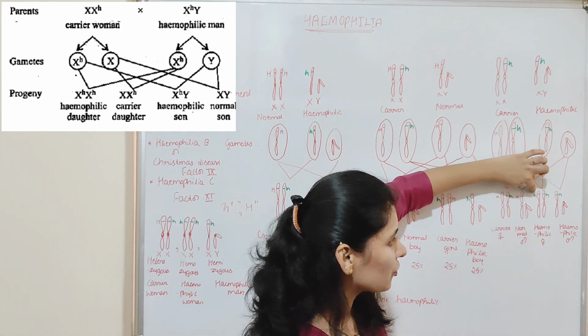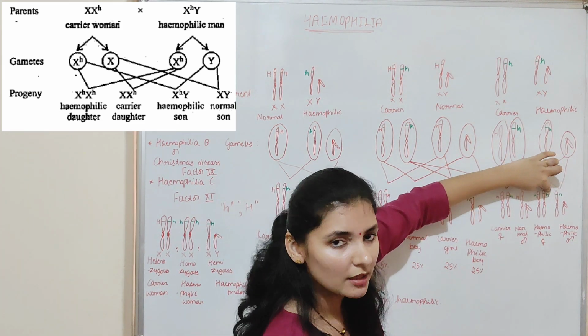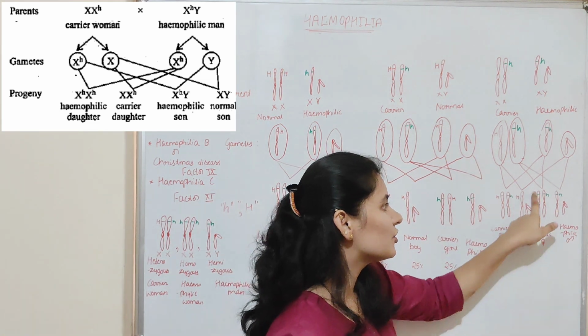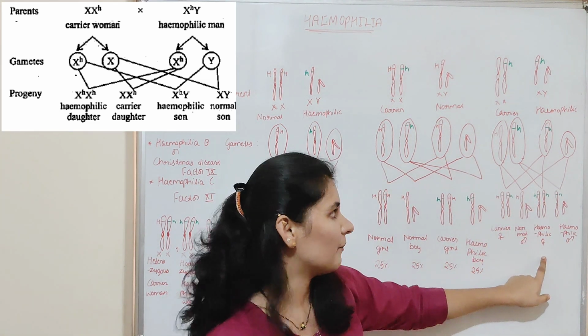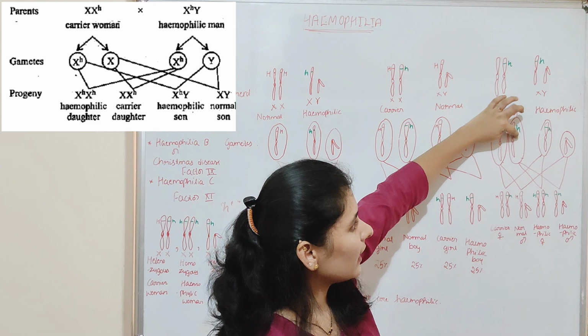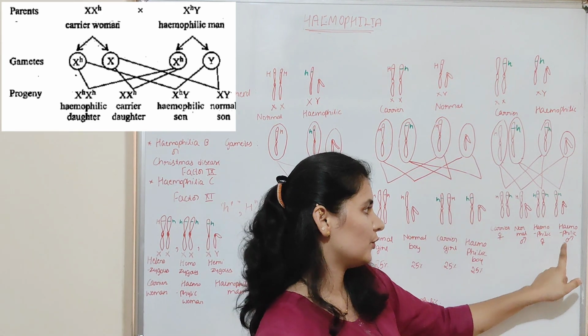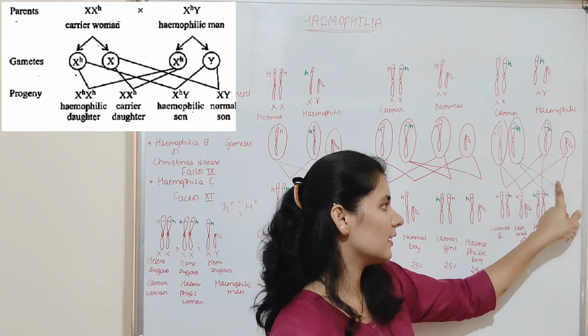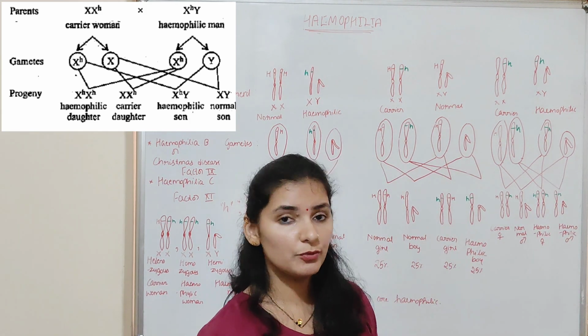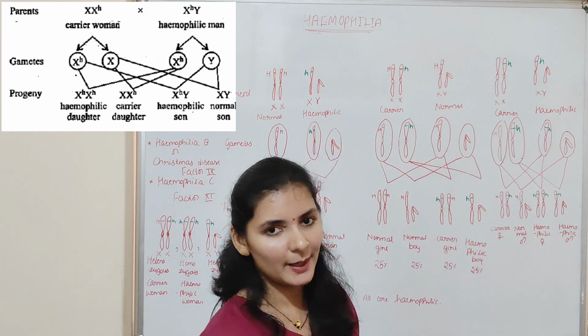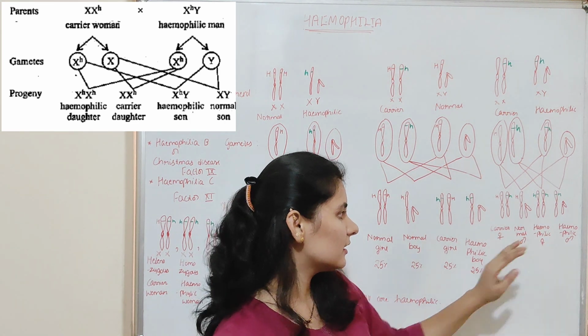So both X chromosomes will have this abnormal gene. That is why this individual shows the symptoms of hemophilia. Similarly, when an egg having the abnormal gene fuses with the Y chromosome, it produces a hemophilic boy. So he shows the symptoms of hemophilia because of the presence of the abnormal gene. So that is the third condition.